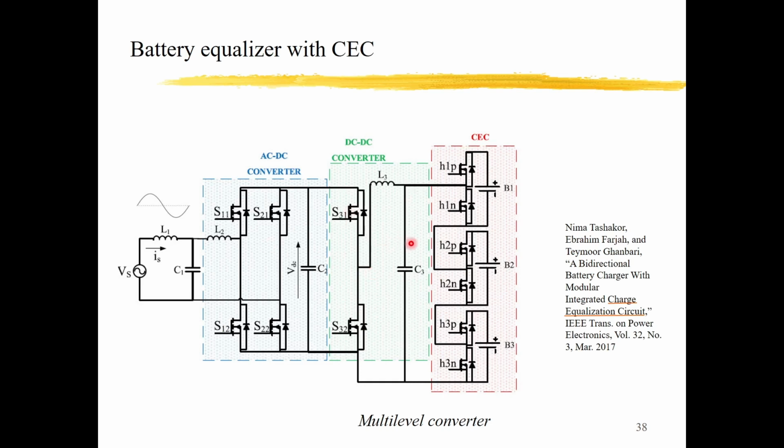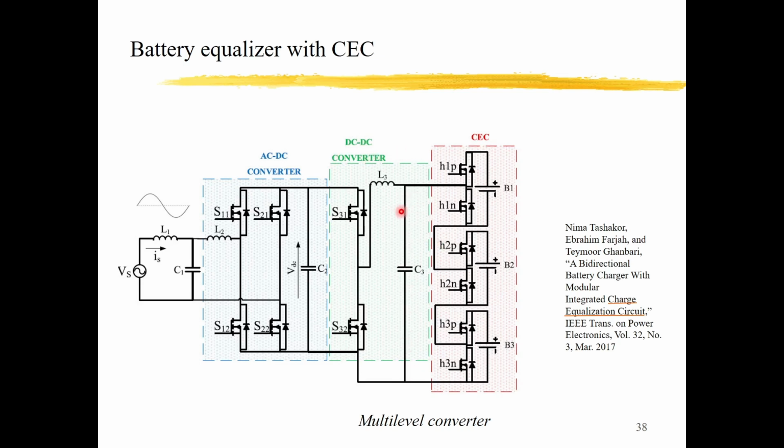And this method actually will encounter one problem, because when we want to charge different numbers of batteries, that means the output voltage of the DC to DC converter varies very seriously.